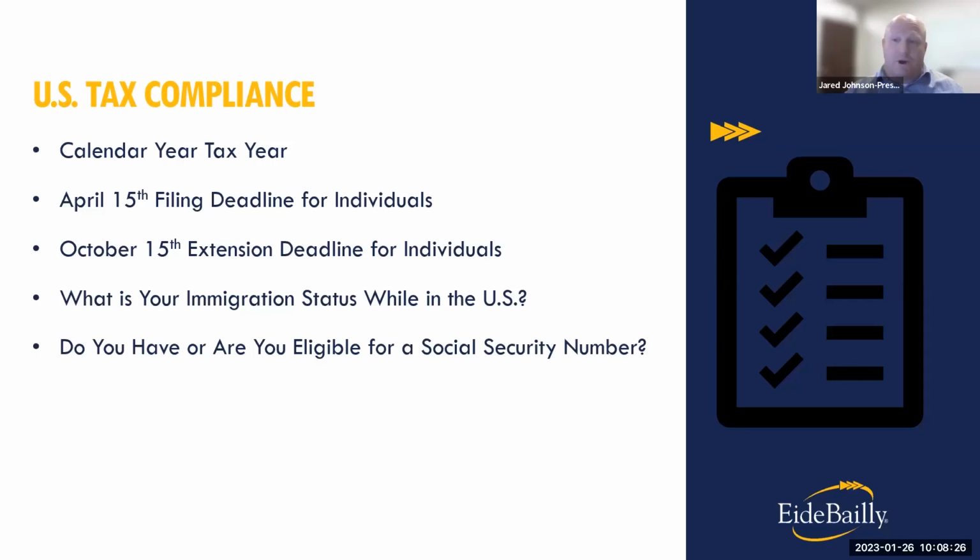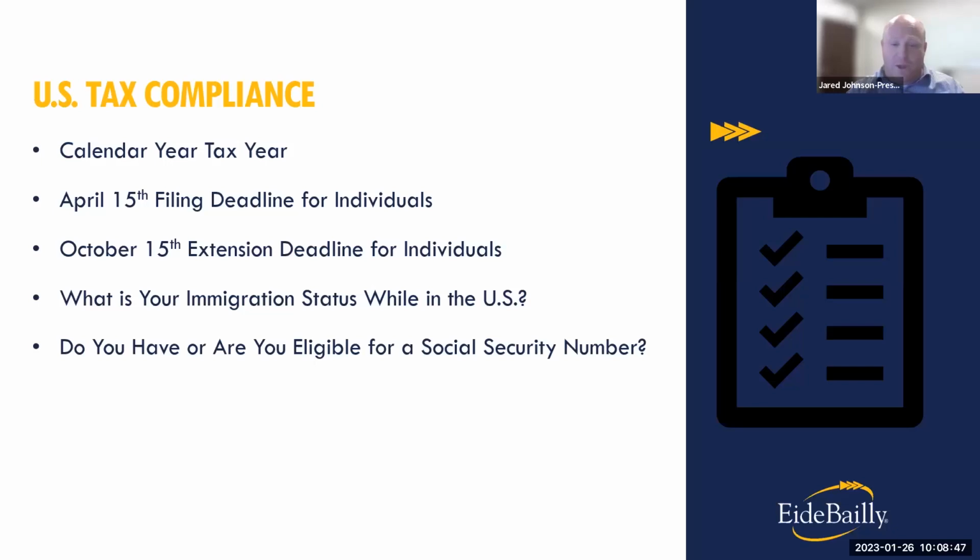I've had entrepreneurs come in on a training visa and then want to stay here and transfer it to an E-visa or something like that. So there are implications there, and you need to be aware of that, and talk not only to an immigration attorney, but a tax person to help you understand what those implications are.